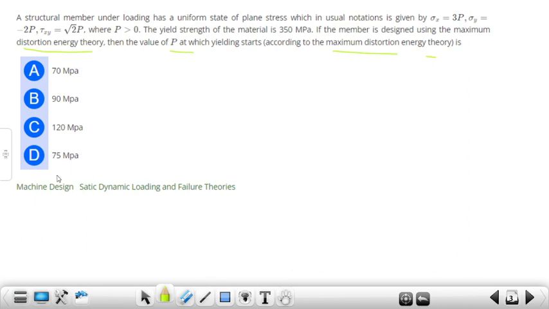So we have to solve this according to distortion energy theory or Von-Mises theory.